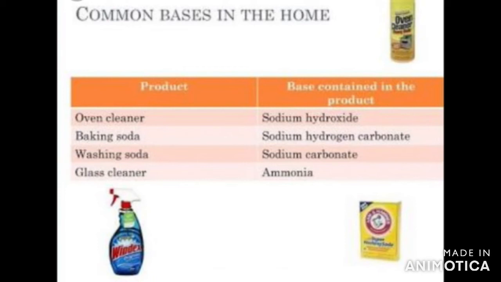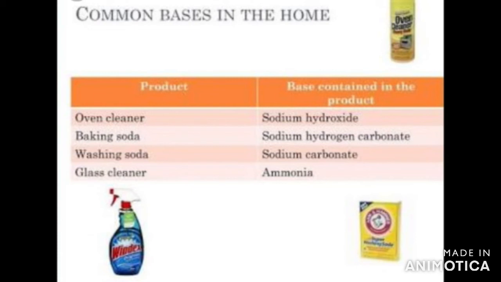So with this you can understand that cleaners are mainly made up of bases, and any cleaner is used against any acid. Please try these at home, but a caution: be careful. Do not try without elders' supervision. Next, we'll move to another slide.